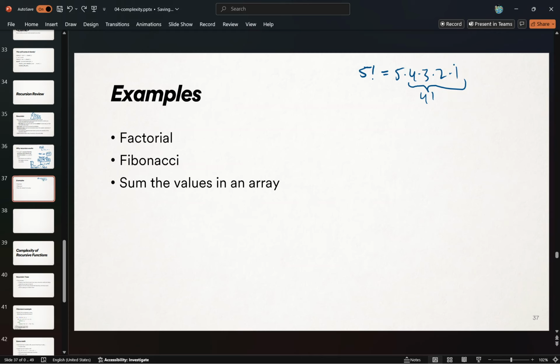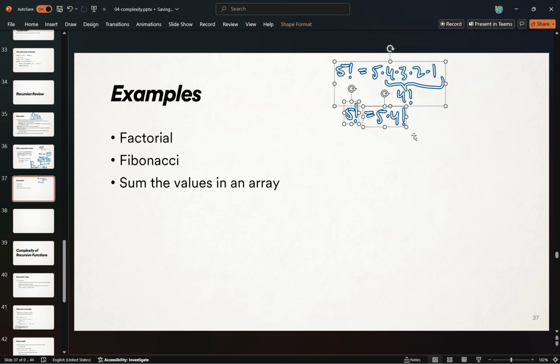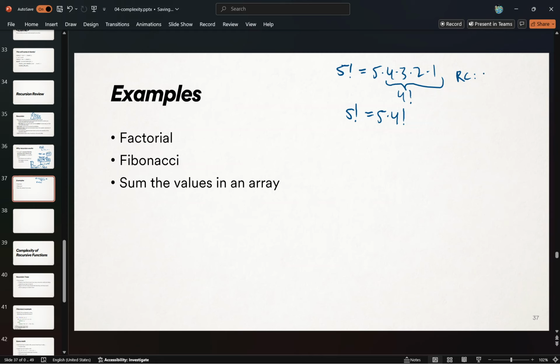And so you could break it down in that way and say that, okay, 5 factorial is equal to 5 times 4 factorial. That's one way to do it. And once you notice that, it generalizes, right? For anything you give me, that becomes your recursive case. You give me n factorial.